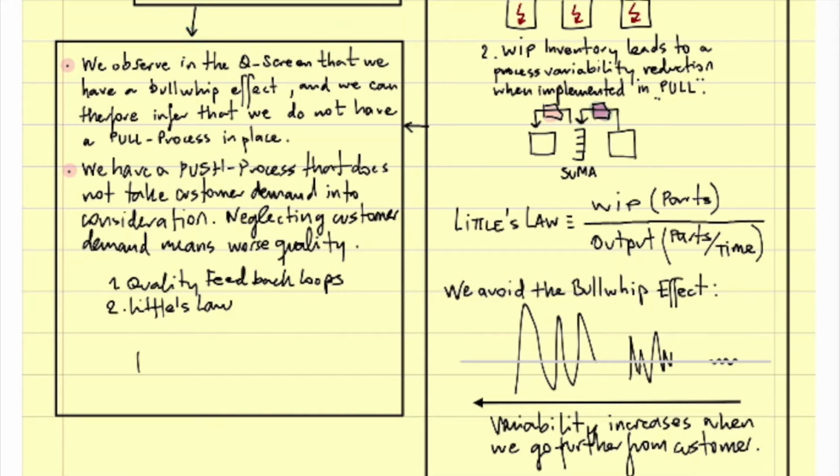Okay, because if we have, let's say, inventory between the processes, Little's Law says that lead time, die Durchlaufzeit in German, is WIP divided by output.